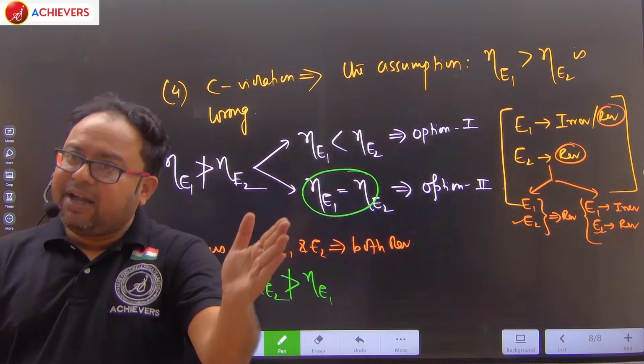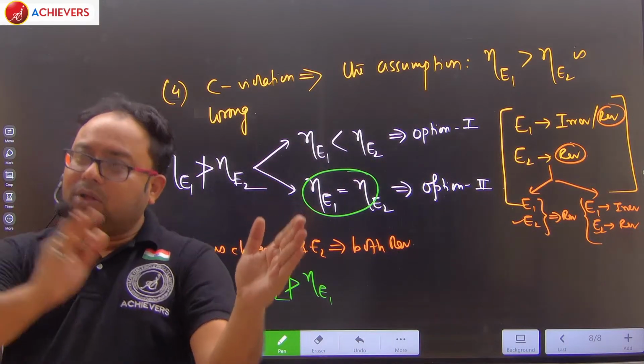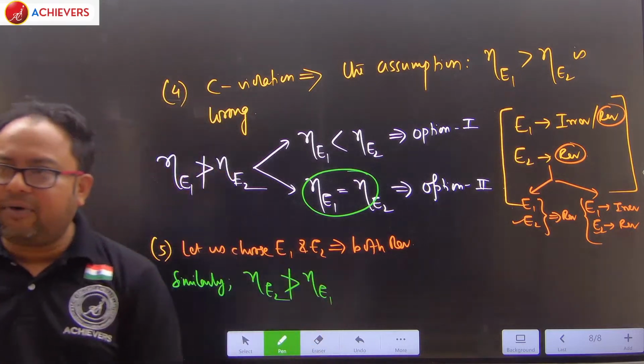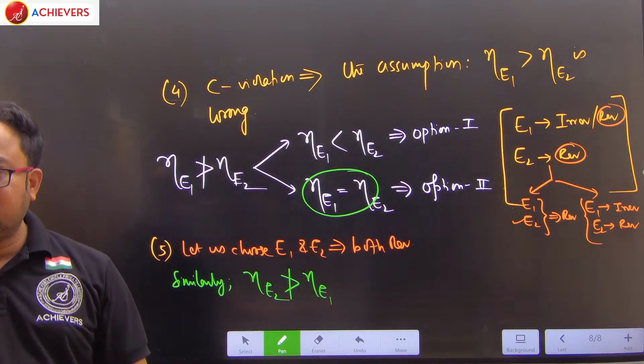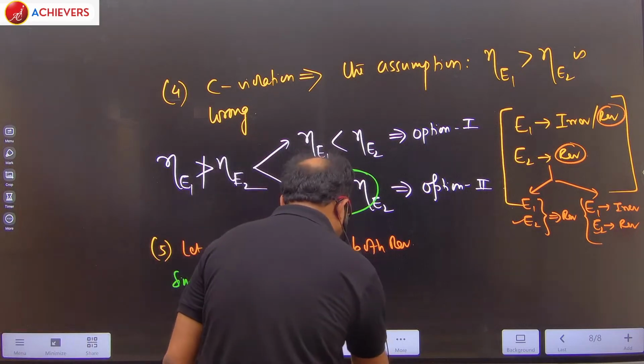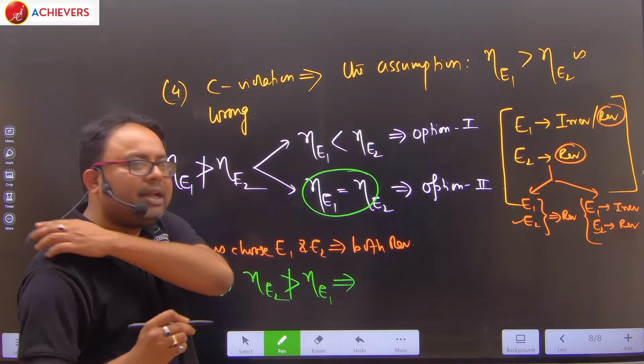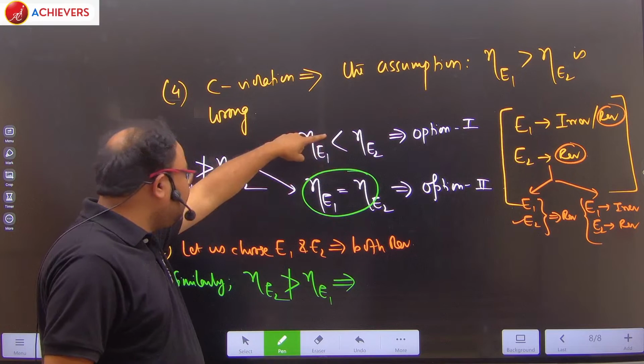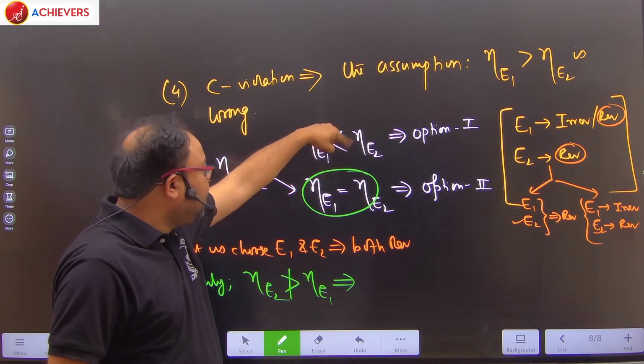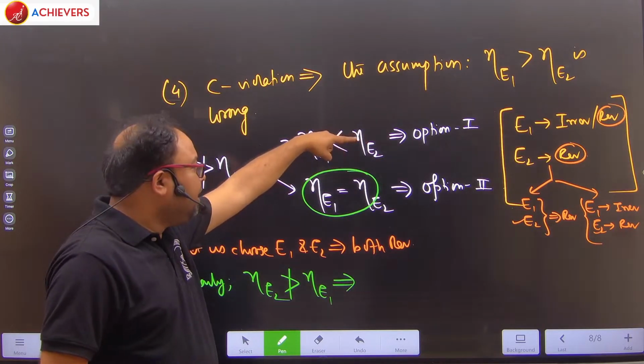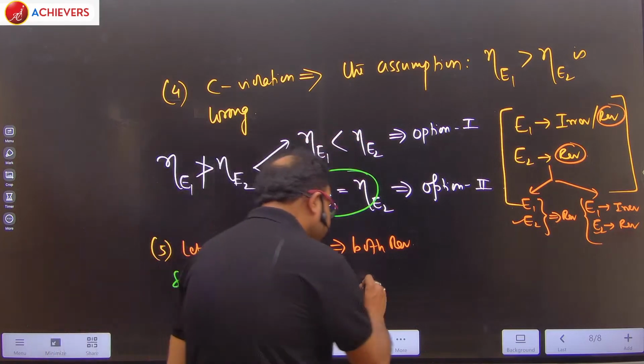If eta E1 is not greater than eta E2 and also eta E2 is not greater than eta E1, then only we are left with this option: eta E1 equal to eta E2. If this is not option 1, then obviously it is option 2.